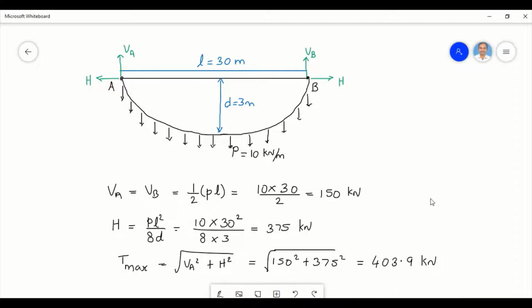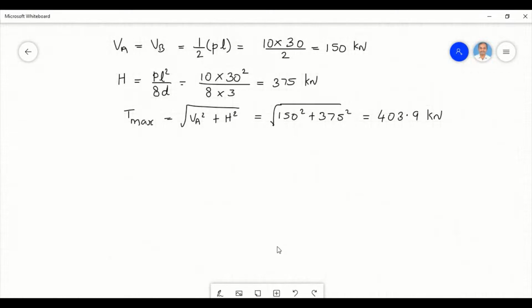You can also find the angle at which this T max acts with respect to the horizontal. It can be found using the expression theta is equal to tan inverse of VA divided by H.